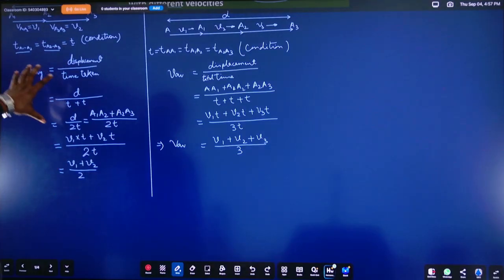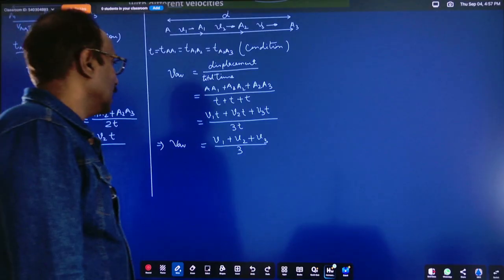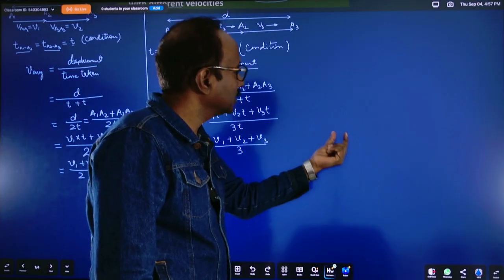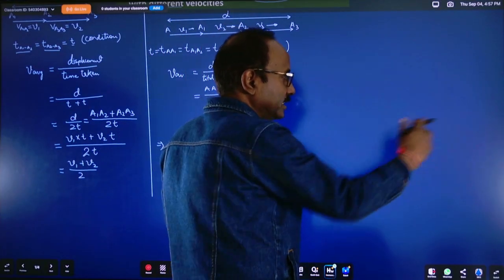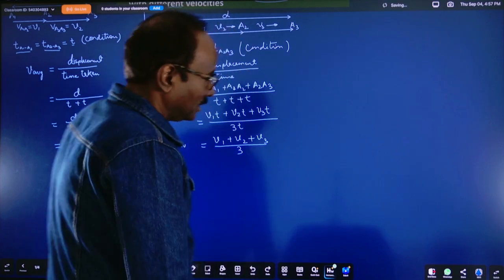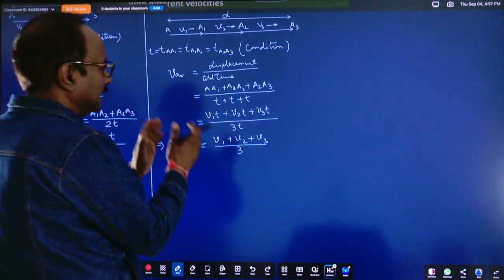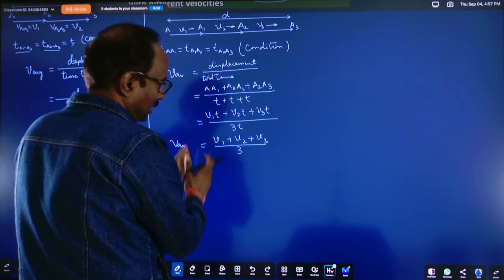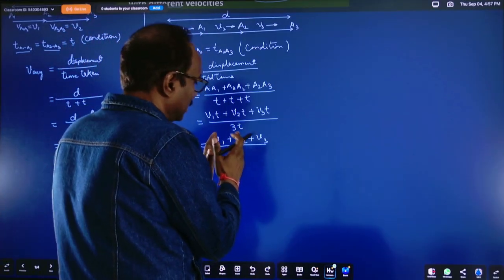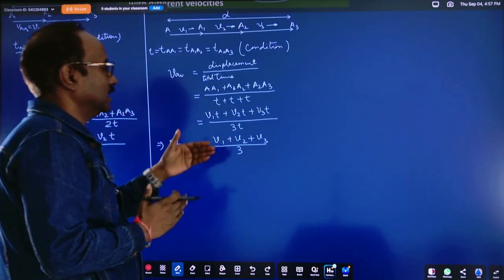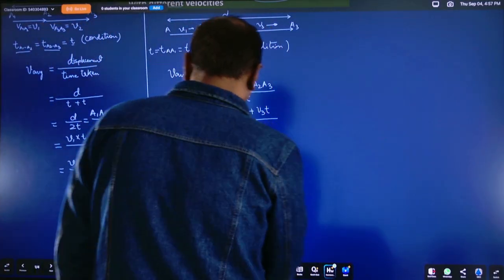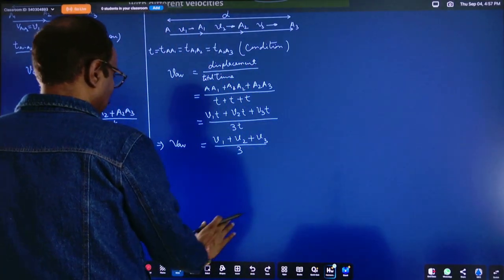Looking at these two equations, can you generalize, like if there is n velocities involved to cover the distance d, but the condition is with each velocity the time interval to which it goes with is same, is equal. You can understand like this.